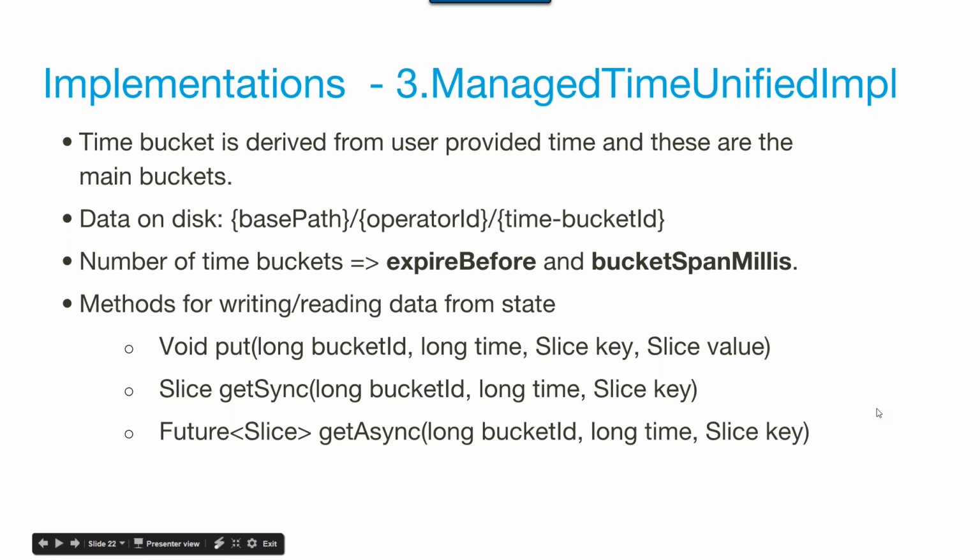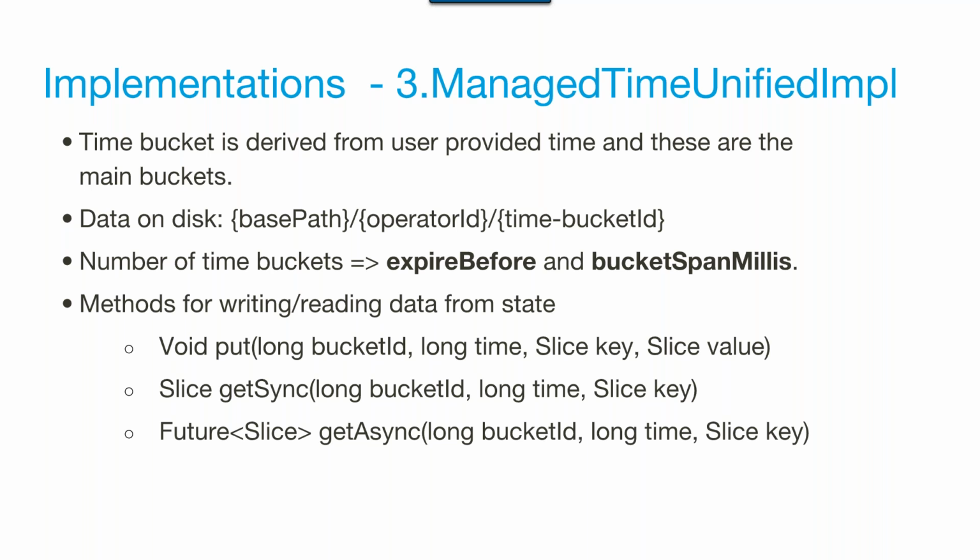The next implementation is the managed time unified implementation. Here, the time bucket is derived from the user provided time, and these are the main buckets. That means there are no key buckets here. The time buckets are the main buckets.